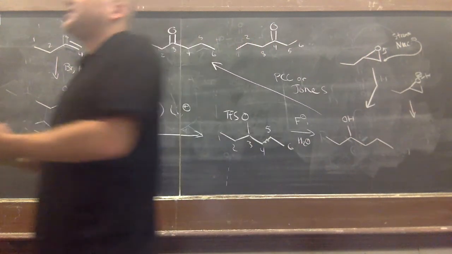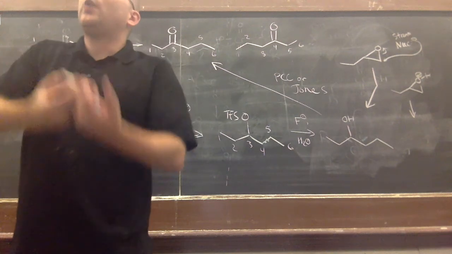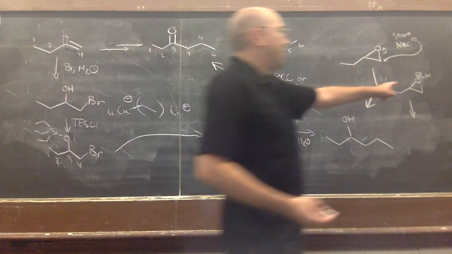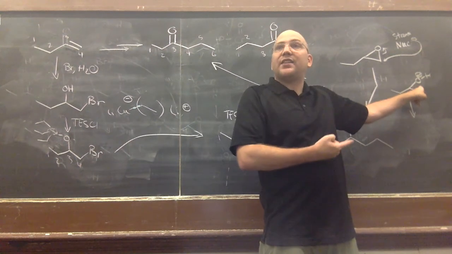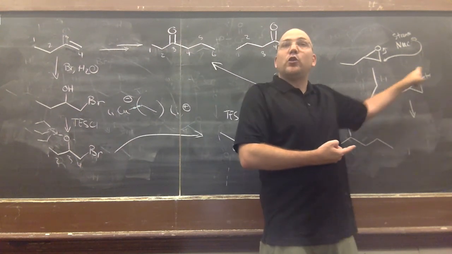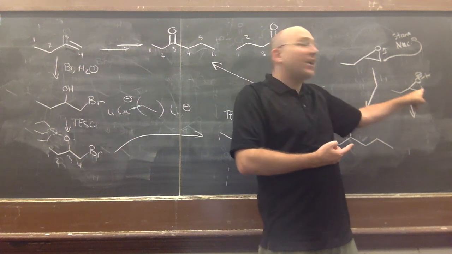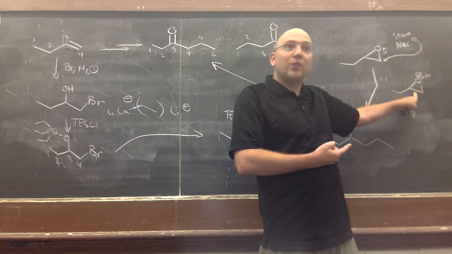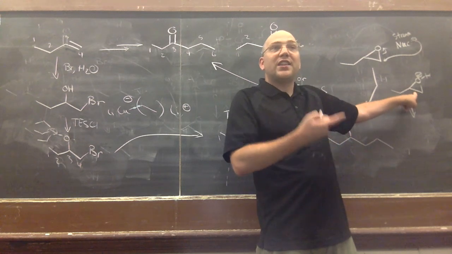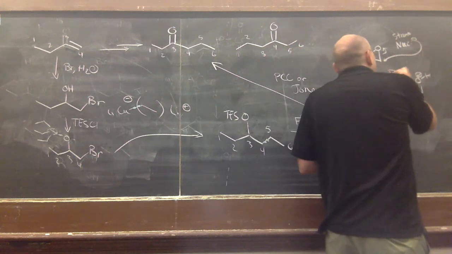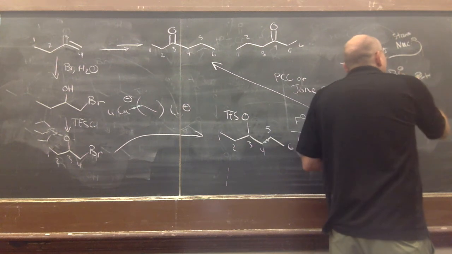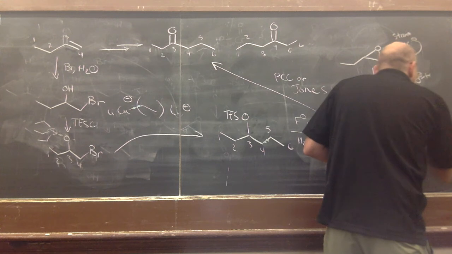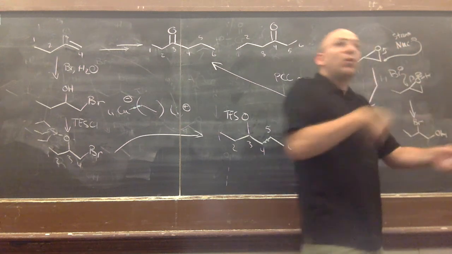But in essence, instead of using a strong nucleophile, you activate through Lewis acid activation, or in this case, Bronsted acid activation of that carbonyl, making the overall system more positively charged. Now, which of those two carbons is going to bear a higher positive charge? This one. So whatever the nucleophile is in this case will now attack, and as I said, bromine, for example, will attack that way.